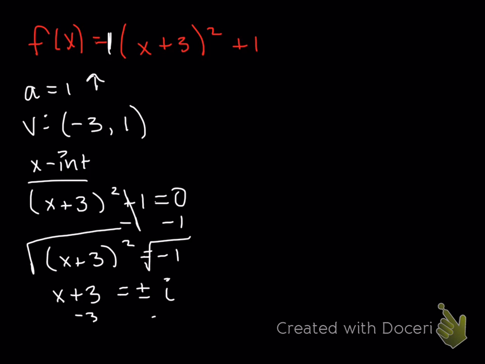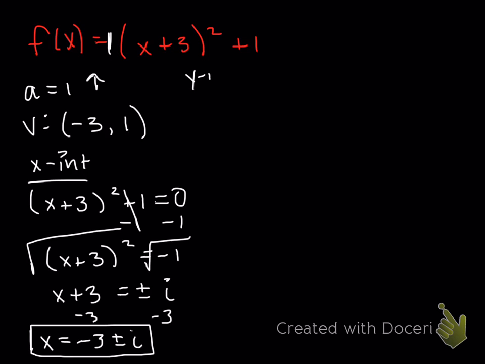And then I subtract 3 over, so x equals negative 3 plus or minus i. So this means my x-intercepts are imaginary, and when we go to do the picture, I'll reiterate what that means. And my y-intercept, I evaluate it at 0, so I have 0 plus 3 squared plus 1. So 0 plus 3 is 3, 3 squared is 9, plus 1 is 10.